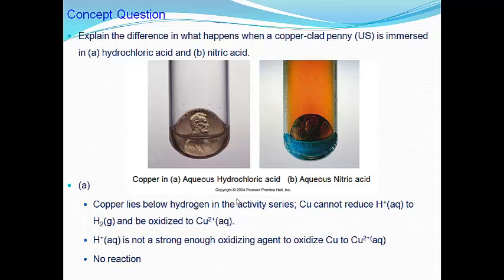In our reaction we have H+ ions and chloride ions as well, right? And it tells us that H+ is likely to become reduced to give us H2. But because copper lies below the H in the activity series, the copper cannot reduce H+ to give us H2, and itself become oxidized to give us copper 2+. And we can also look at it from another angle.